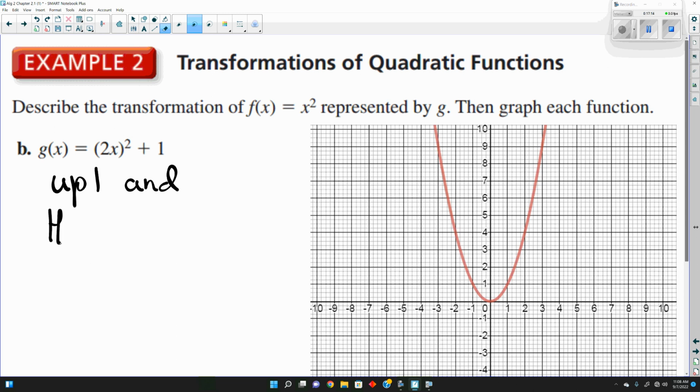Now it looks like it should be a stretch, yes? But inside parentheses, is it always what we think? No, it's the opposite. So it looks like it should be a stretch, yes? So it's actually a shrink of, and it's not 2, it's 1/2.